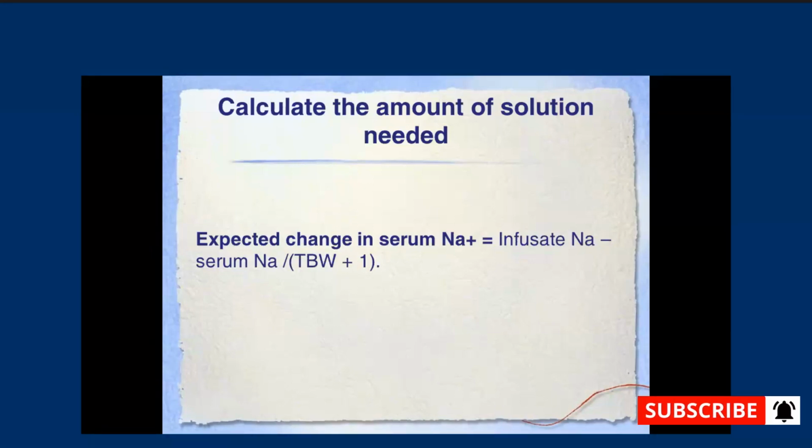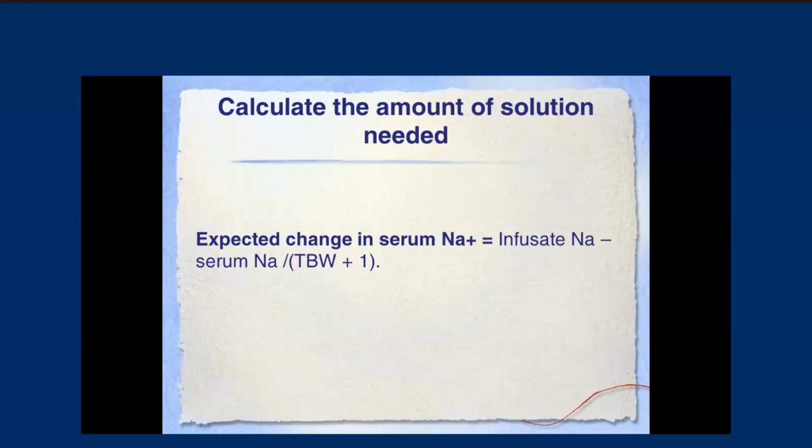Infused sodium is the amount of sodium present in the fluid which we are going to administer, and the serum sodium is the patient's sodium level. Then the total body water is determined based on the patient's age and sex.